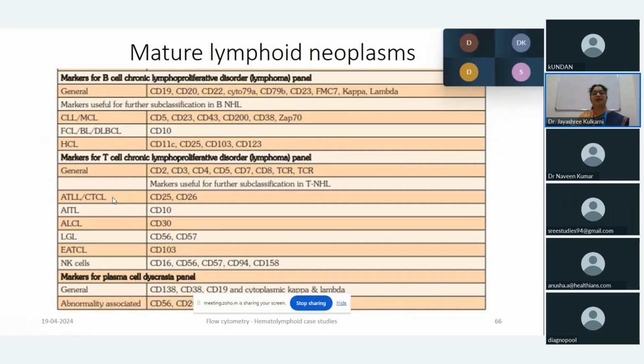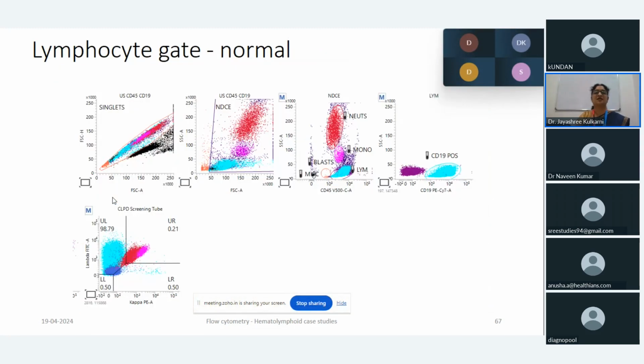Coming to your mature lymphoid neoplasms. These are your chronic lymphoproliferative disorders. Till here, the first three steps are the same, CD45 versus side scatter, you know your lymphocytes. The next gating which we use for BCLPDs is your CD19 versus side scatter.